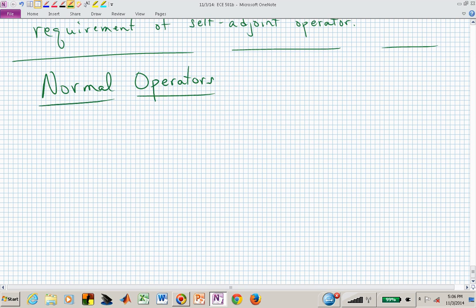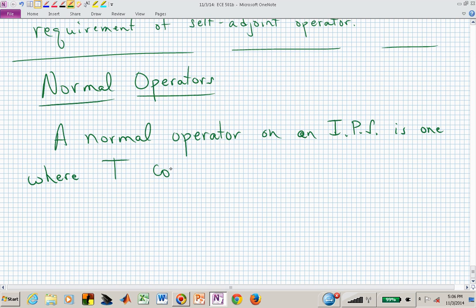Now let's talk about a normal operator, and a normal operator on an inner product space is one where T, the linear map, commutes with its adjoint. That is, i.e., T dagger T is equal to T T dagger.